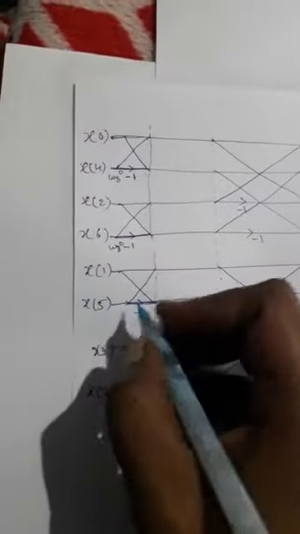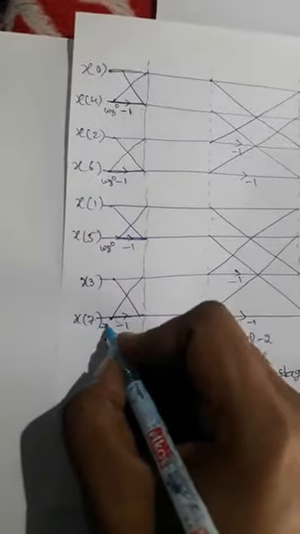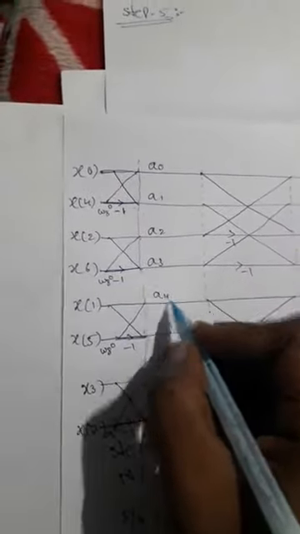Each base of the butterfly can be multiplied with the twiddle factor. Okay. So here the outputs are mentioned as A0, A1, A2, A3, A4, A5, A6, A7.